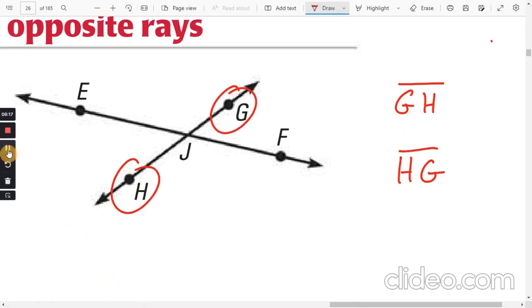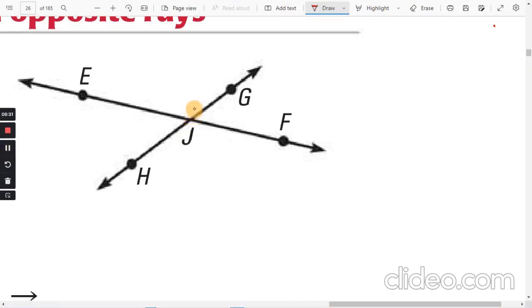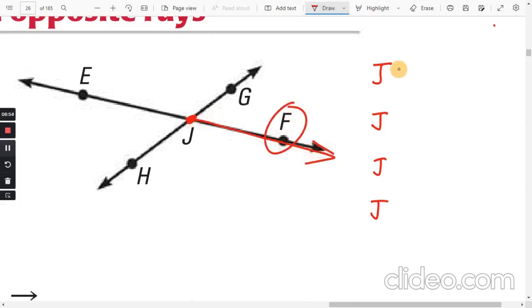Part B, name all rays with endpoint J, and then which of these rays are opposite rays. Let's take a look. If they want us to name all rays with endpoint J, that means all of the rays are going to start with the letter J, because you always start with the endpoint letter. The ray going to the right is JF.